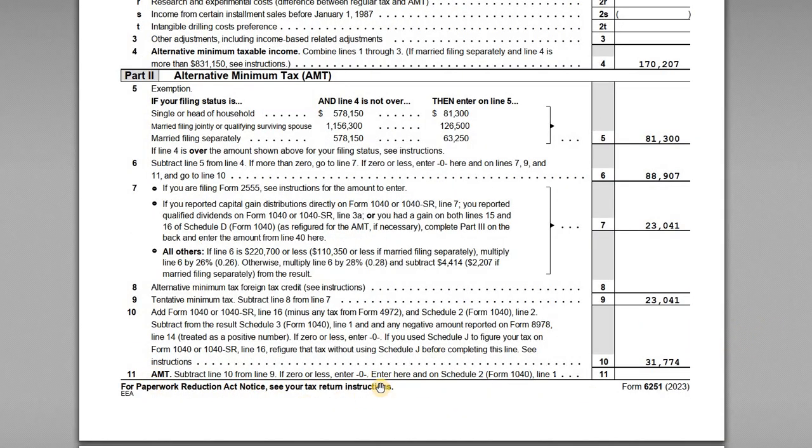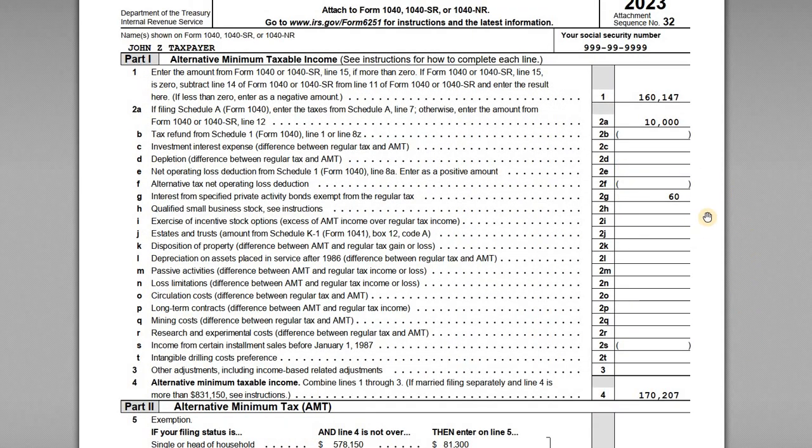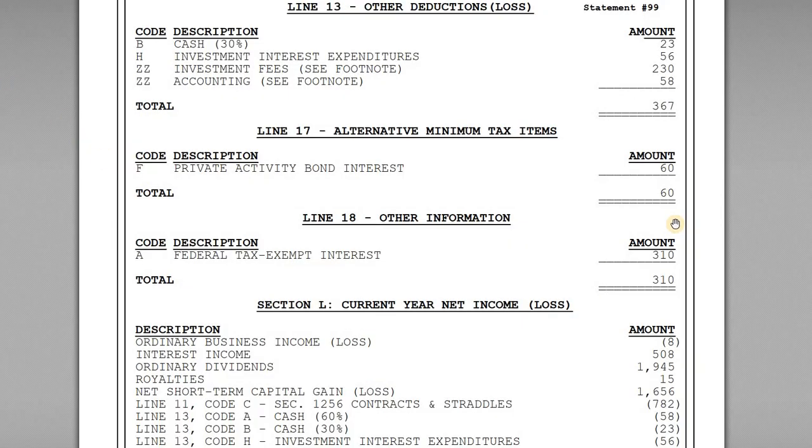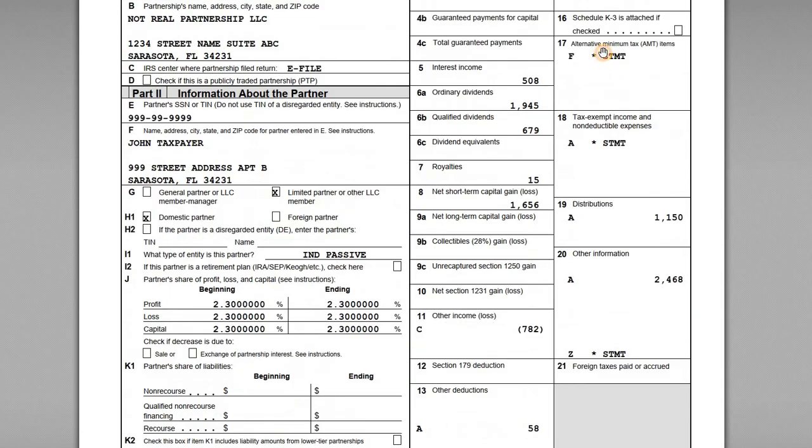Well, he did the calculation, but he doesn't owe any AMT. He just owes the federal. But if you're in a position where you are a taxpayer and you're in AMT, these adjustments are necessary, right? So you need to know if there are any kind of AMT adjustments based on what's flowing through to you from your K-1s. Okay, so we've done 17, we've done 18, line 19A for distributions.